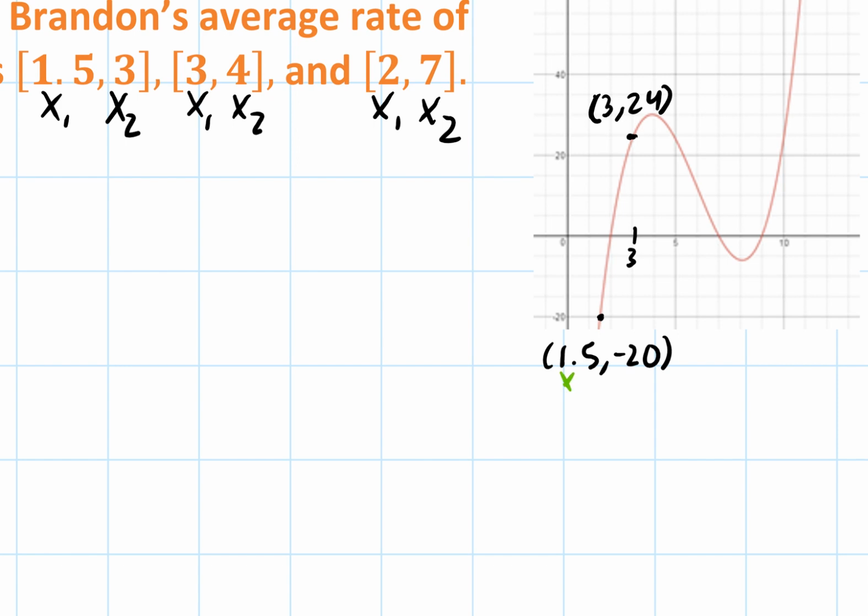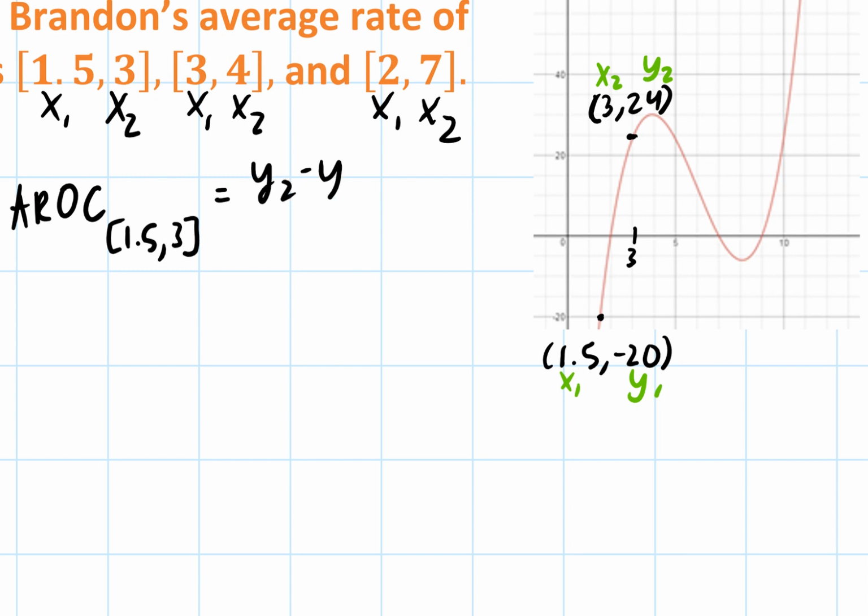So here's my x1 value and my x2 value. They're corresponding y1 and y2. So if we're finding the average rate of change on the interval from 1.5 to 3, this is change in y, so y2 minus y1 over change in x. And this is the same slope formula you've been calculating for many years.